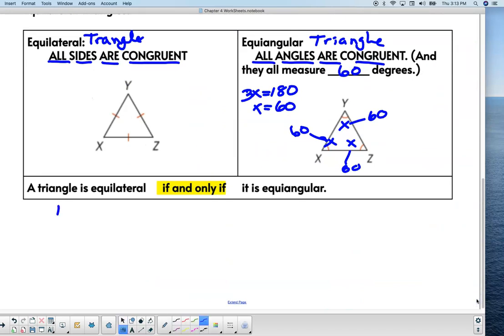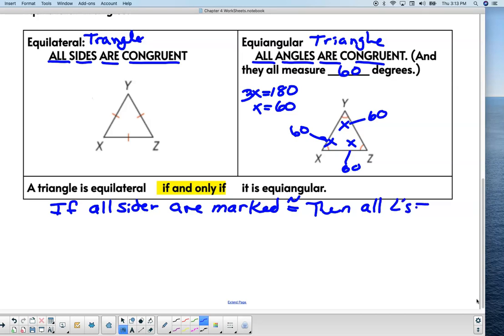Now, if all sides are marked congruent, then all angles are congruent.